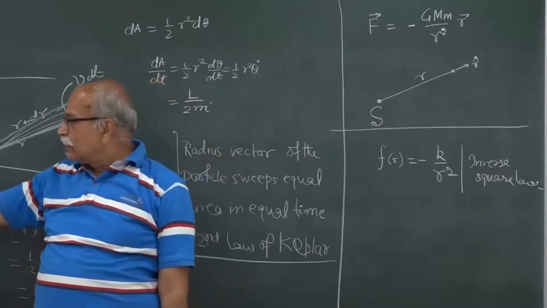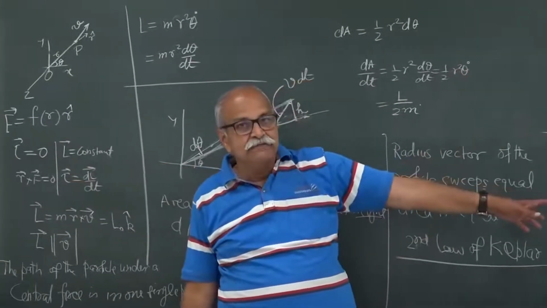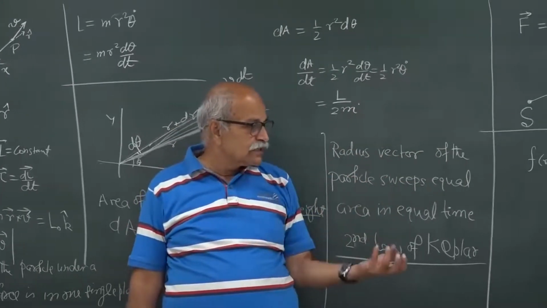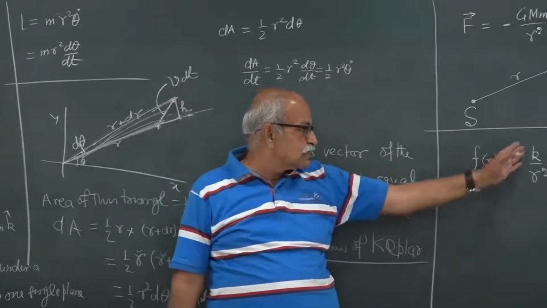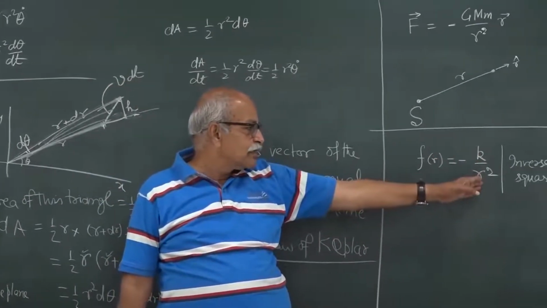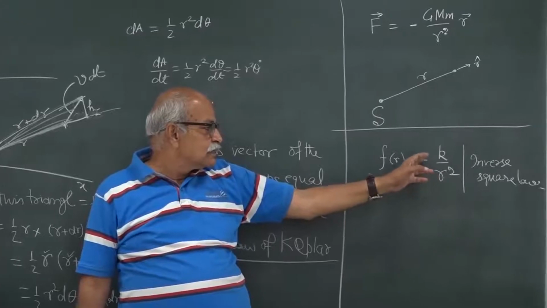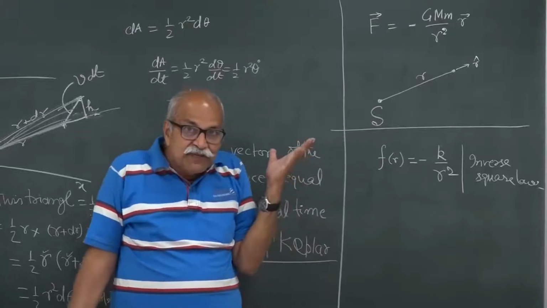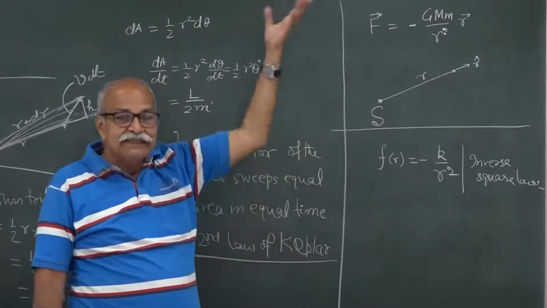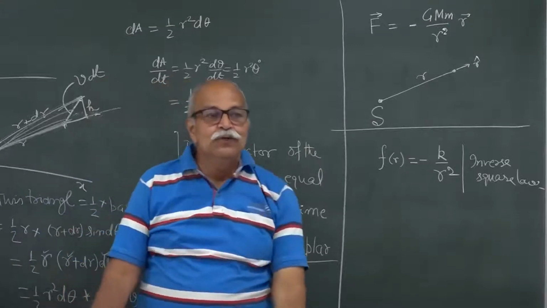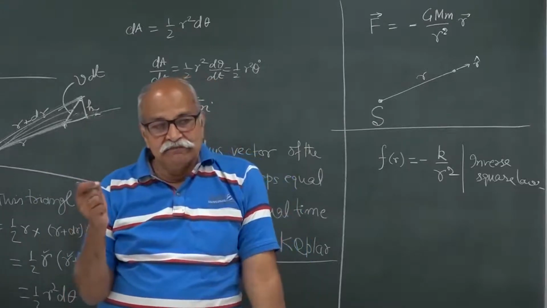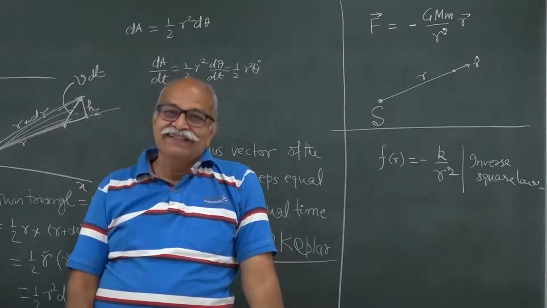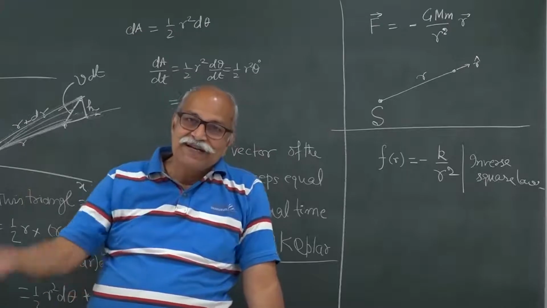So, if f of r is of this variety, you are considering a particle on which this central force is acting, and the magnitude of the central force is of this 1 by r square type, and it is always directed towards that origin, then it is very close to our planetary system, or to Bohr's model of the hydrogen atom, where the proton is sitting at the center and the electron is going around it.